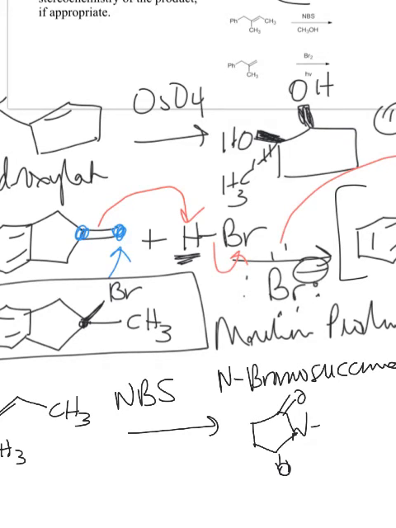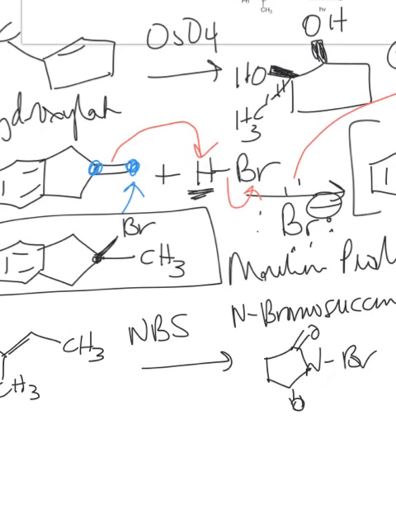And what that does is it generates a bromine free radical. Now remember, bromine radicals are more selective. So if you're going to work in the laboratory, this is a way you can brominate a compound.